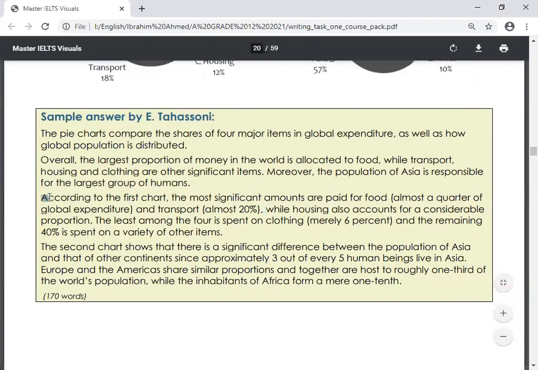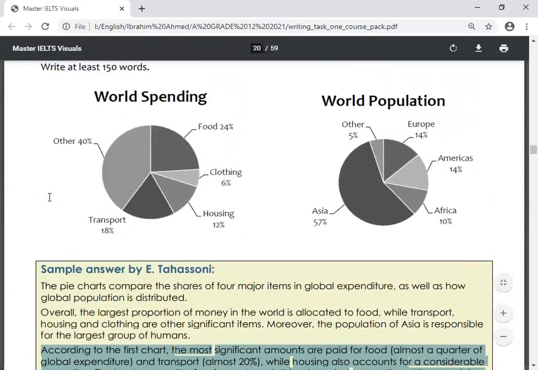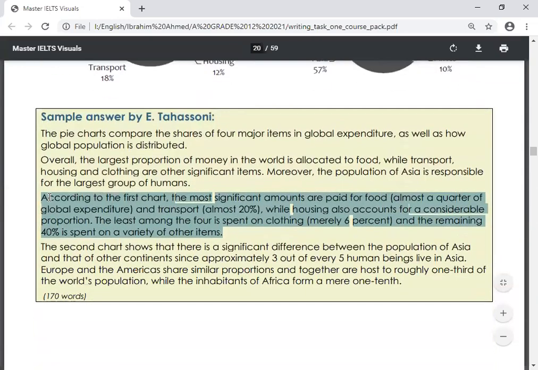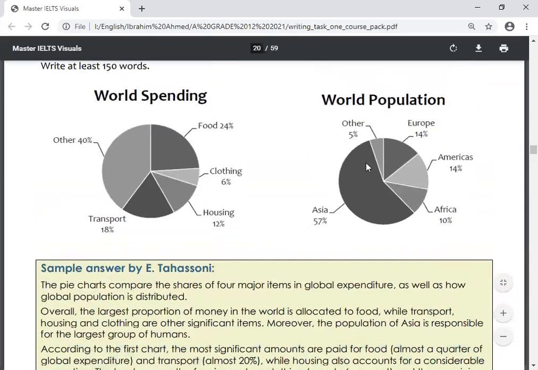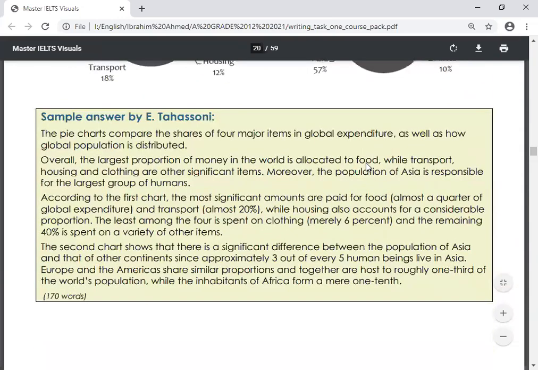This is the third paragraph, and it focused on the first pie chart. And the last paragraph, of course, will focus on the world population in the same way. The second chart shows that there is a significant difference between the population of Asia and that of other continents.